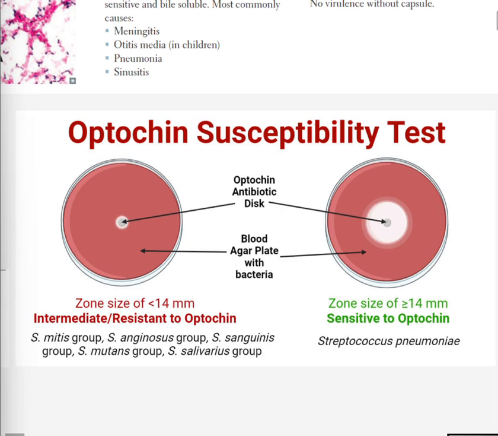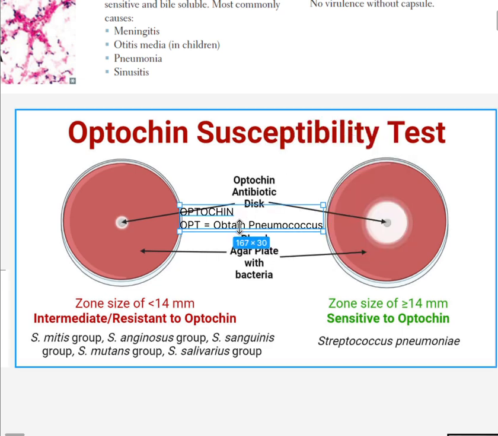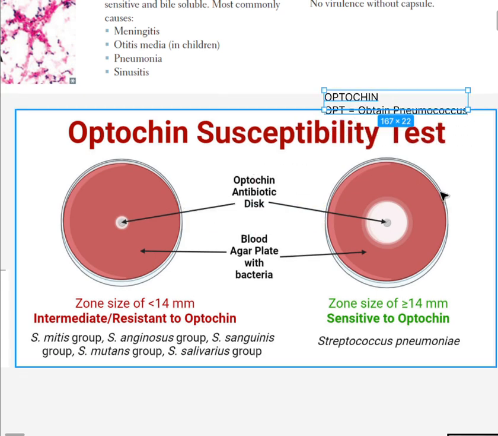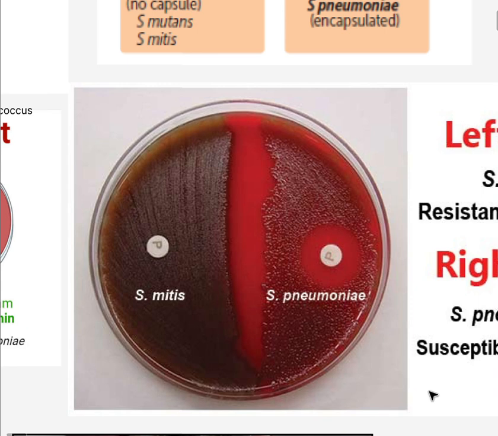Optochin is a memory trick to remember: optochin, you can obtain pneumococcus, right? So that's one way of remembering it. I'll paste the memory trick here. I don't know if it helps you, but it does help me. Whenever something is sensitive to optochin, you know that you have pneumococcus.